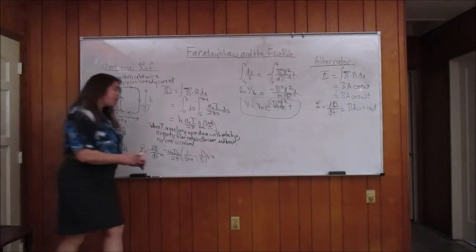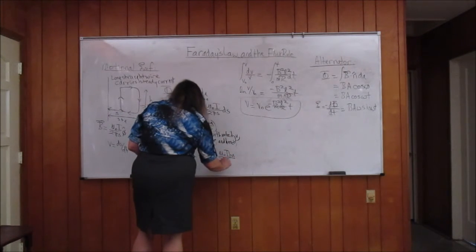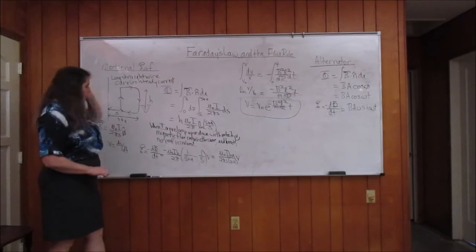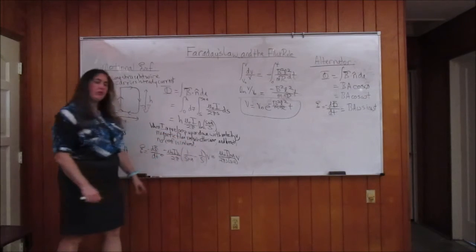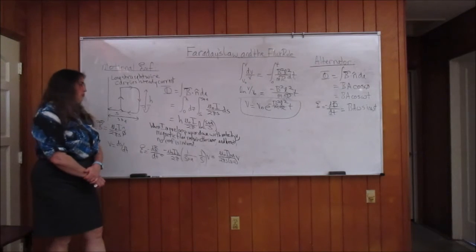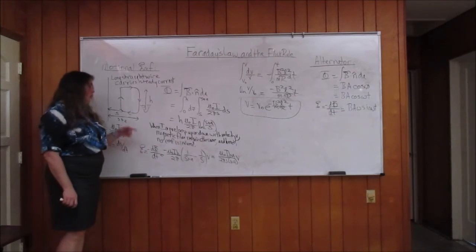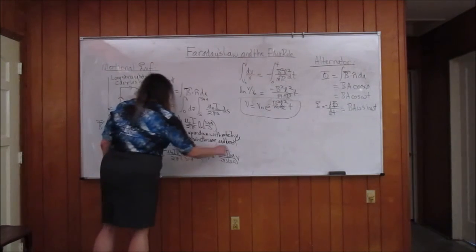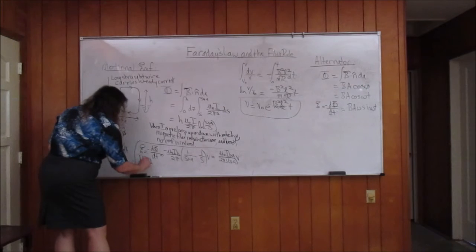Cleaning this expression up a little bit, I'll wind up with mu naught I h, the height of the loop, a, which is the width of the loop, over 2 pi s plus a, times the speed with which I'm pulling the loop. Now, if I stop dragging the loop along, you just leave it there, the magnetic flux no longer changes. Okay? So this is when I pull the loop to the right.